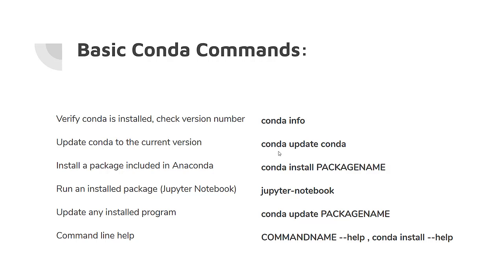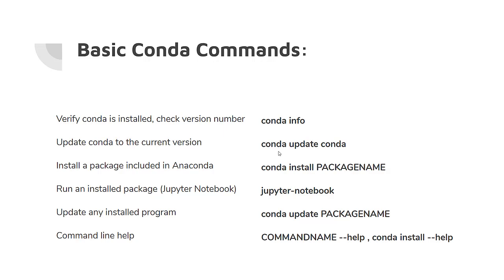To run an installed package such as Jupyter Notebook, we need to type a command jupyter-notebook. To update any installed program, we can give a command conda update and then the package name. And for command line help, we can give a command conda install --help or command name --help. So these are some basic commands that can be very useful.